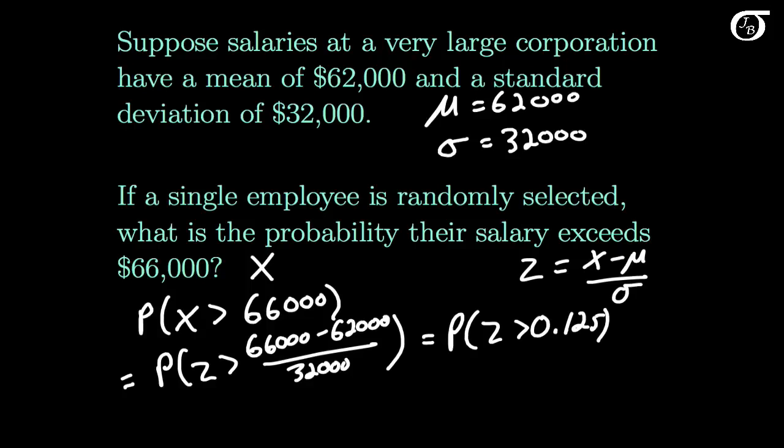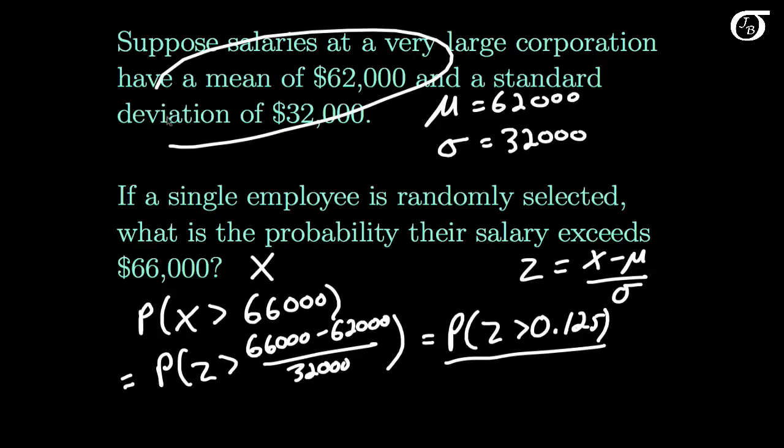We haven't done anything wrong to this point. But if we were to find this probability by looking it up for the standard normal distribution, that would be an error.